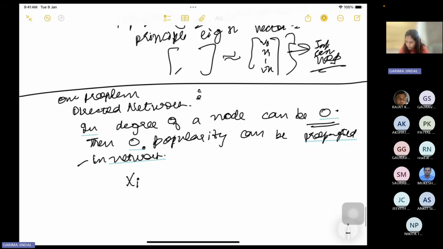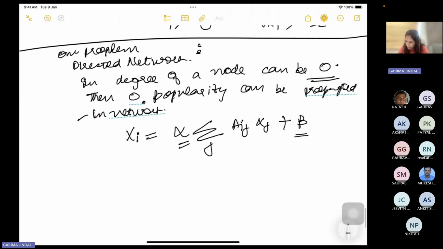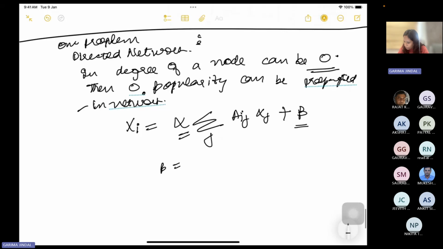So what will be the formula for the eigencentrality in the directed graph? It will be alpha times the sum of Aij xj, plus beta. We have added these two constants, where beta is the small initial value for each node, and alpha is the readjustment constant.